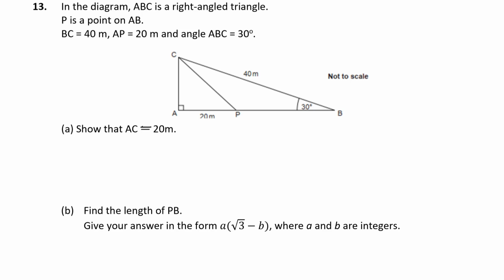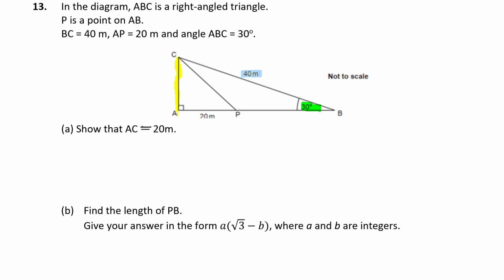Show that AC is 20 meters. Where's AC? AC is this side here, isn't it? I need to find that line, AC. How can I do it? Well, if we look at triangle ABC, that's just a right-angled triangle, and I know an angle, 30 degrees, and I know a side, a hypotenuse, so I can find a second side, no problem, just using trigonometry, can't I?